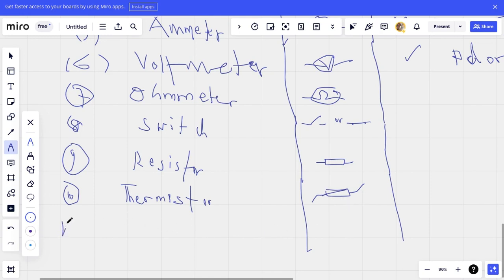Then we have variable resistors. Either you call it variable resistor or you call it a rheostat. A variable resistor, or what we call a rheostat.